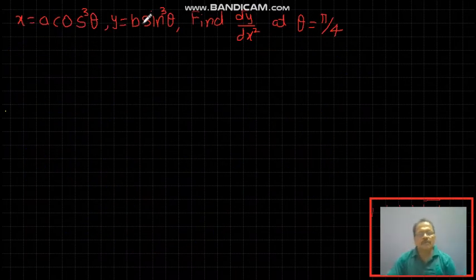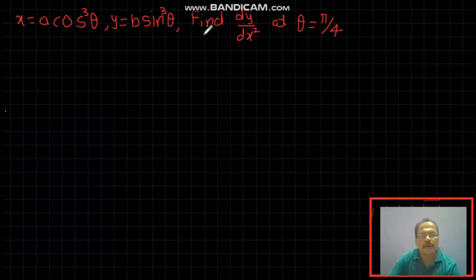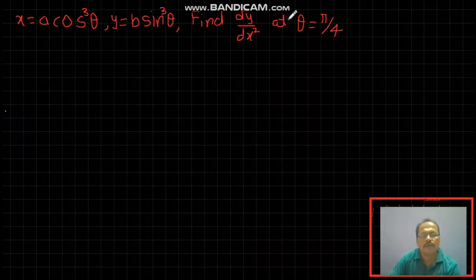Let us take one more problem for these parametric functions. If x is equal to a cos cube theta, y is equal to b sin cube theta, find d2y by dx square at theta equal to pi by 4.